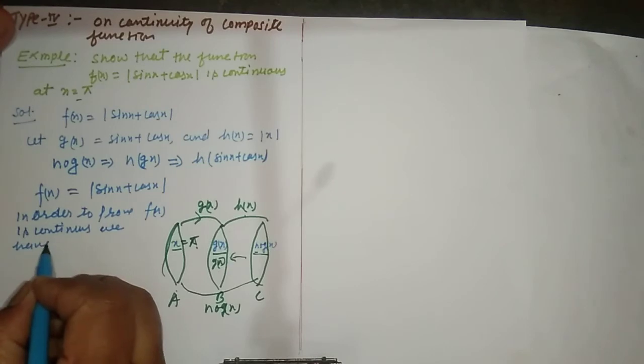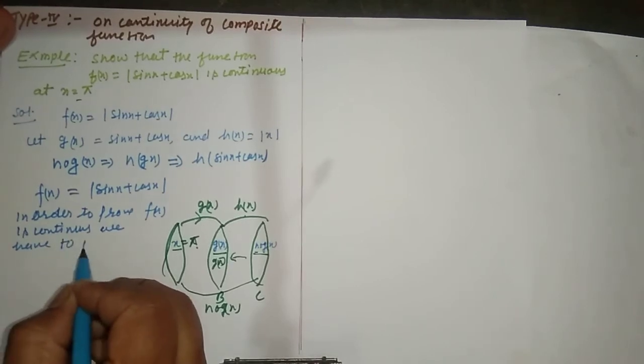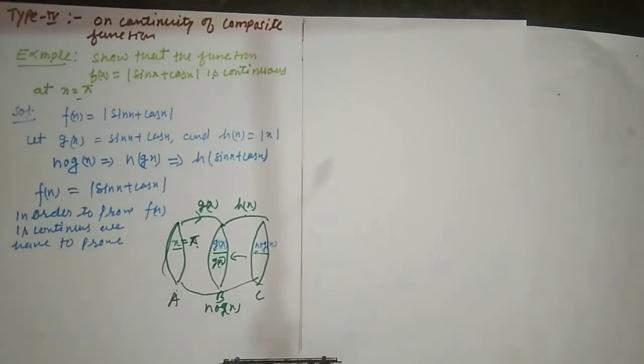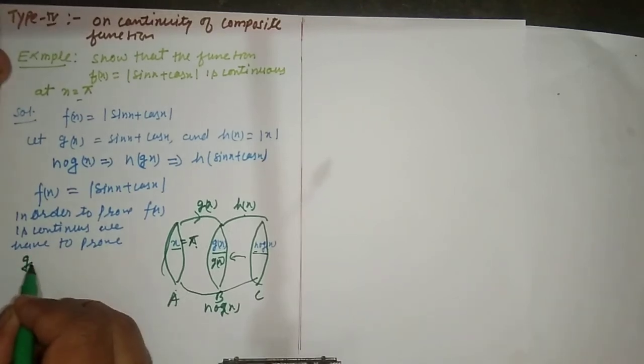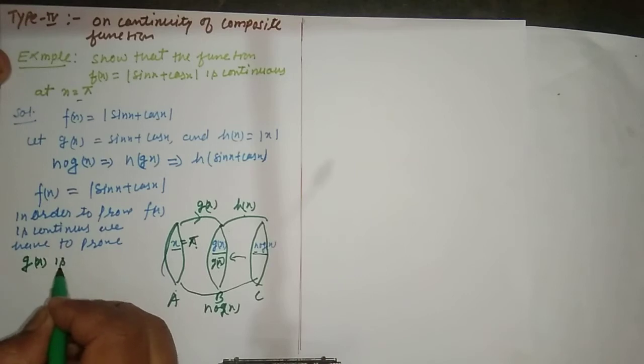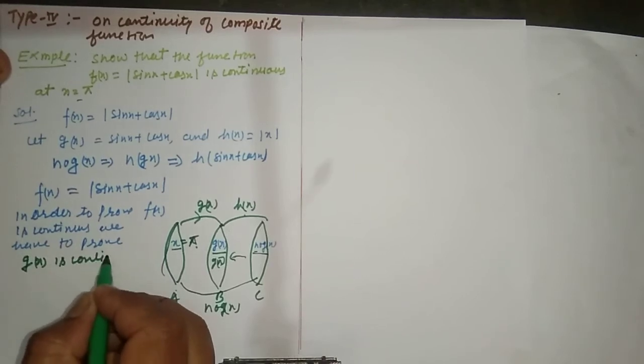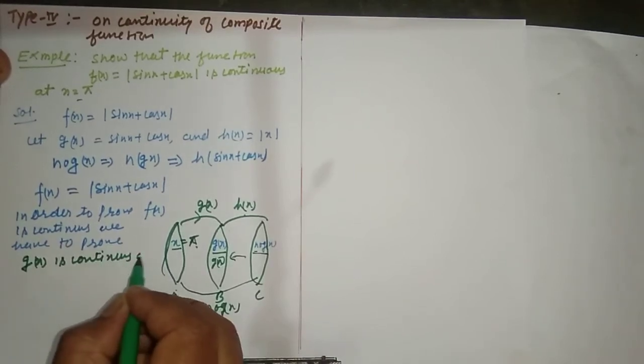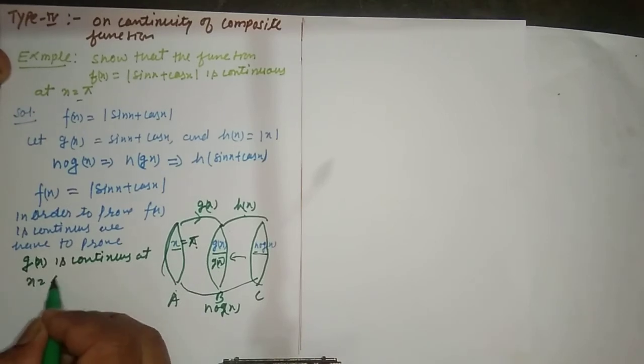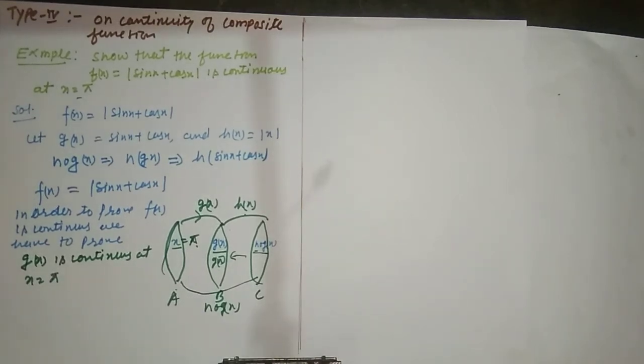we have to prove first g(x) is continuous at x is equal to pi. Clear? So now we find the value of g(x).